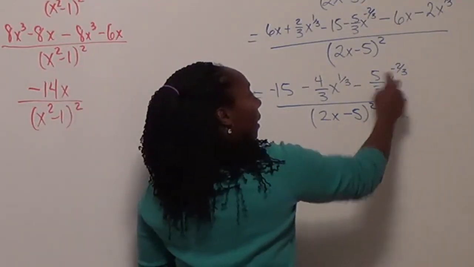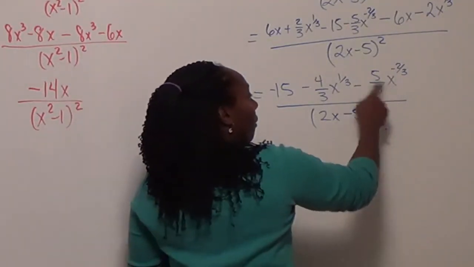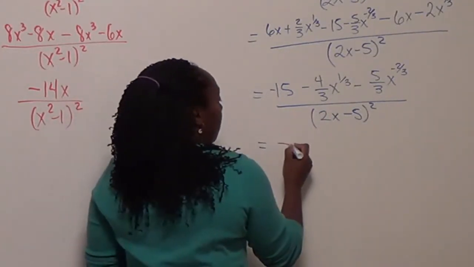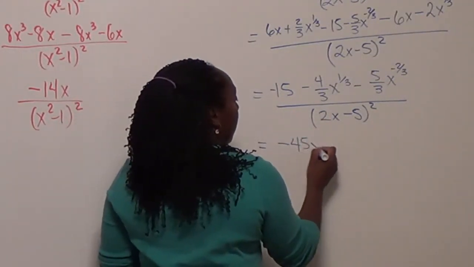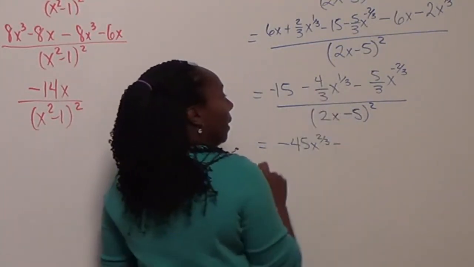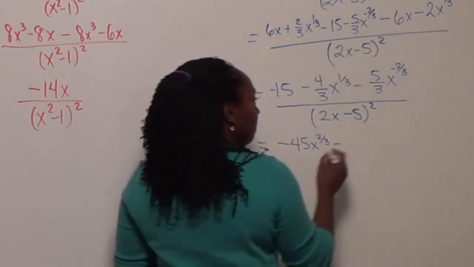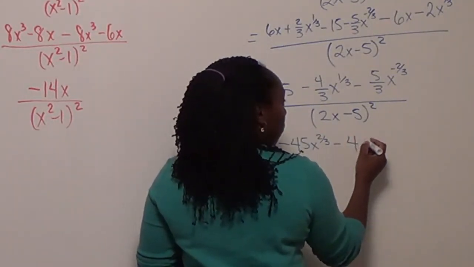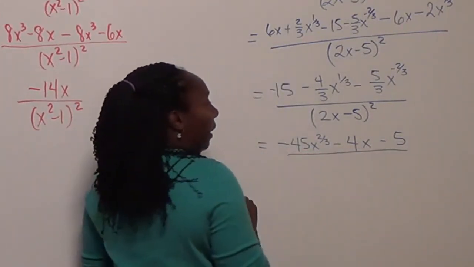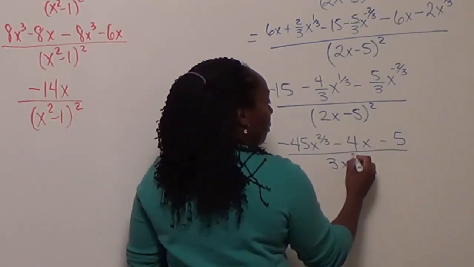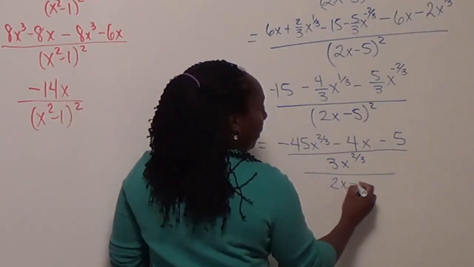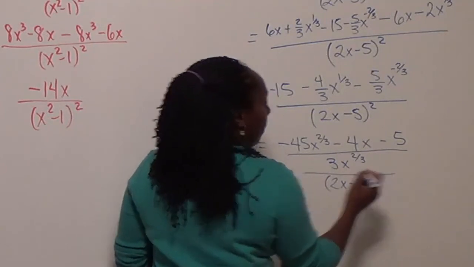Because of that negative 2/3 power, our common denominator is going to be 3x to the 2/3. So we'll have a negative 45x to the 2/3 minus, and we'll need to multiply by an x to the 2/3 there. That 3x to the 2/3 is in the denominator now, all over our 2x minus 5 squared.